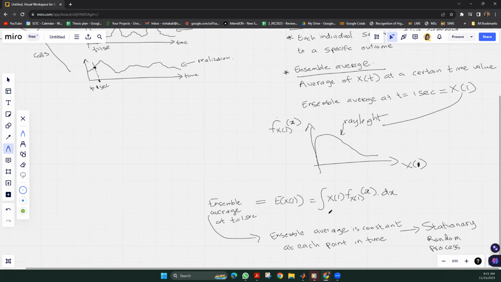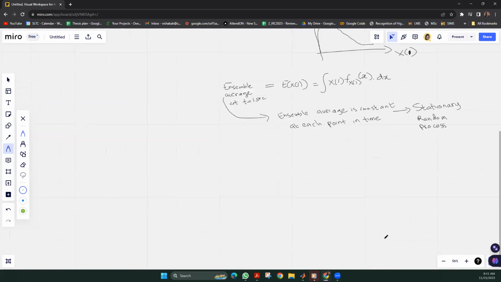Apart from that, there are other types of processes which we call ergodic random processes. An ergodic random process occurs when the ensemble average is equal to the time average of the realizations.